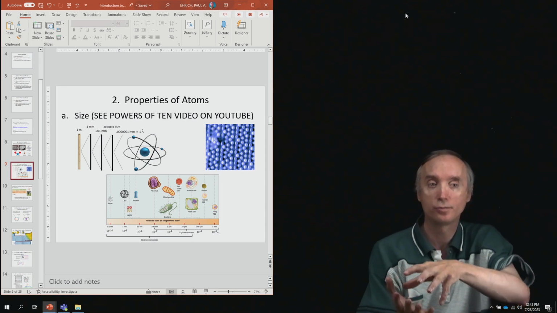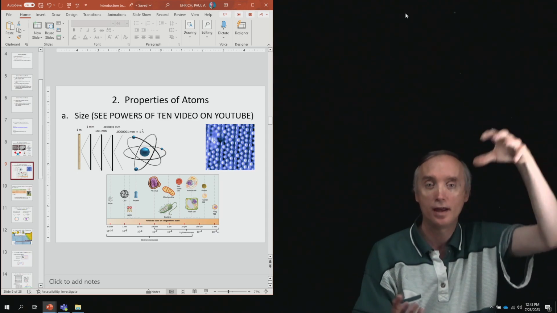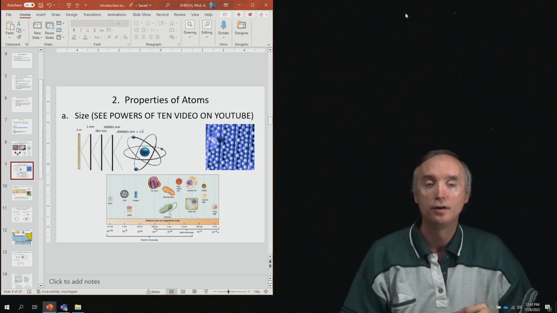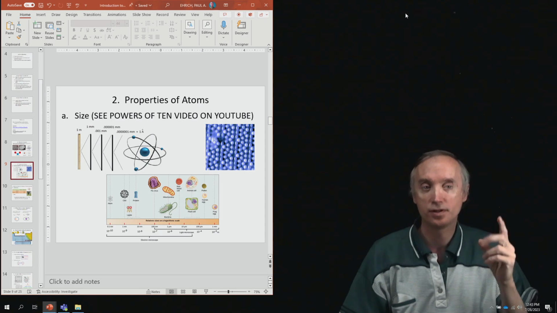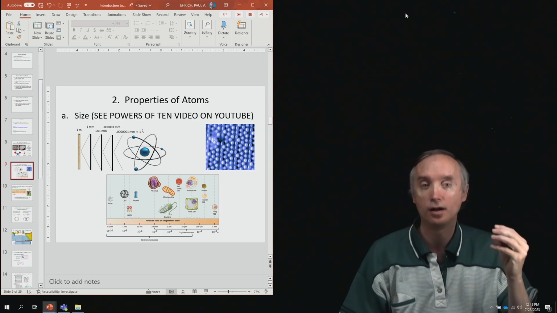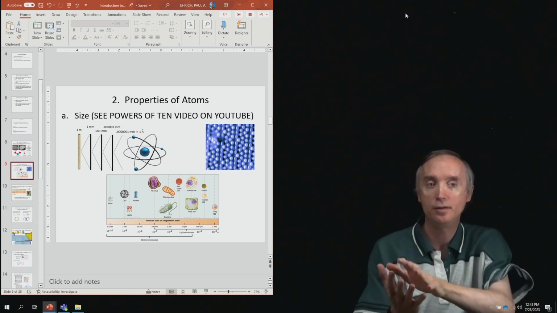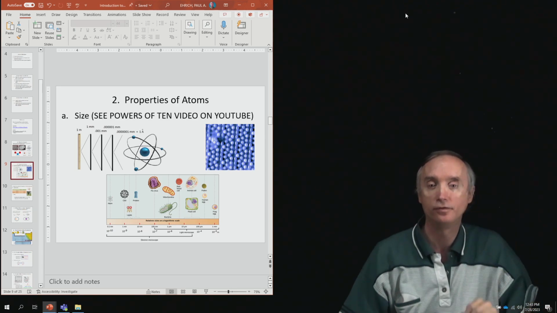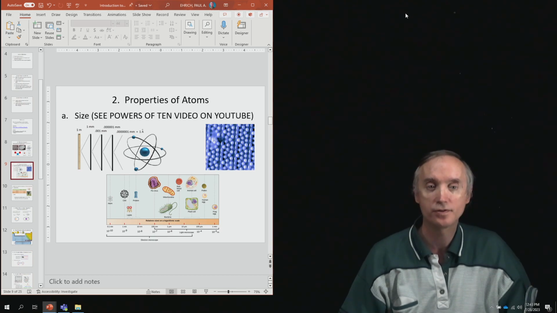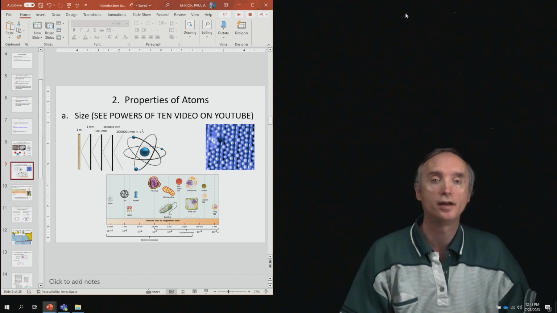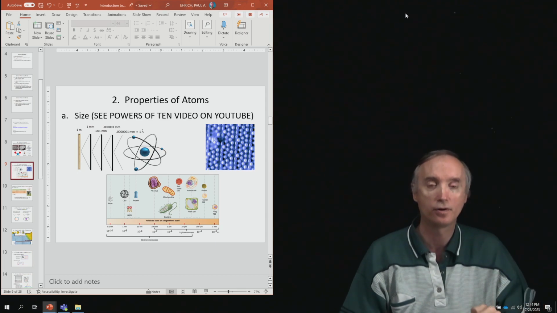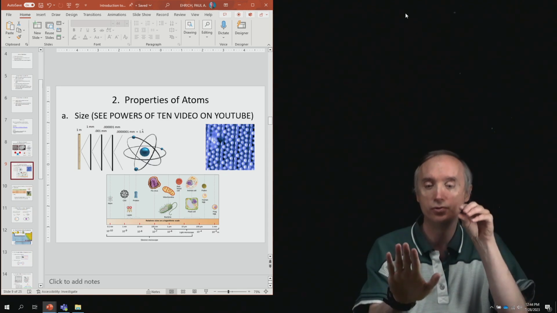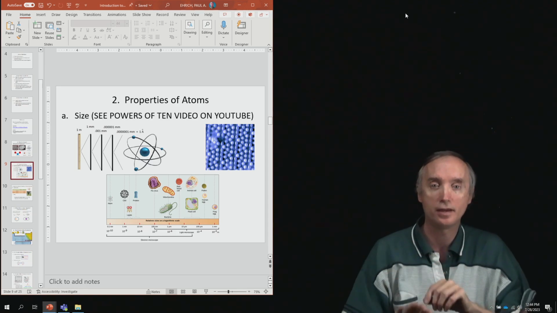Then the camera is going to start backing off, and the numbers are going to go from 1 meter to 10 meters to 100 meters to 1,000 meters, and it's going to keep going back and back and back until finally you're going to see clusters of galaxies. Then it's going to reverse itself and start coming back onto the Earth, back onto the guy, and then start zooming in on his hand.